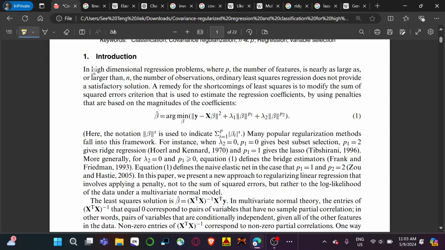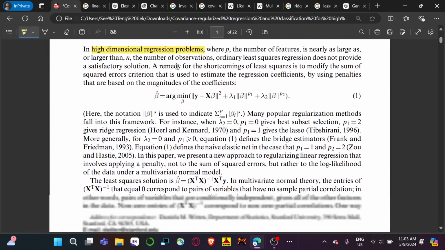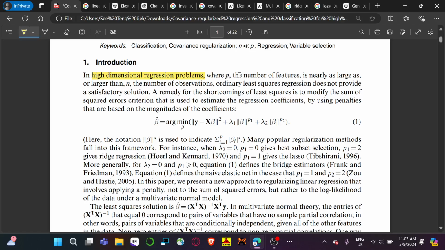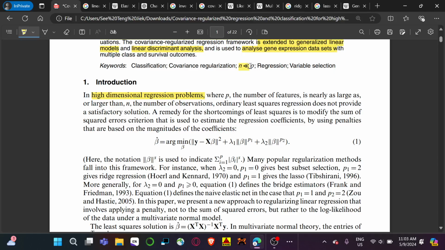In high-dimensional regression problems, where p, the number of features, is nearly as large as or larger than n. So this is the statement it's referring to: p greater than n, or maybe approximately n, the number of observations.